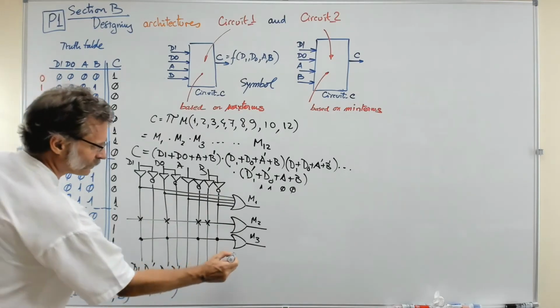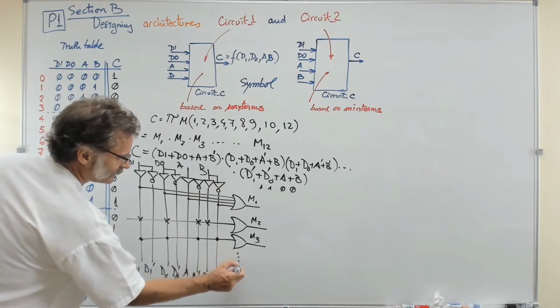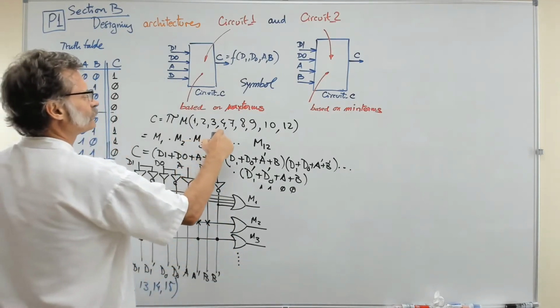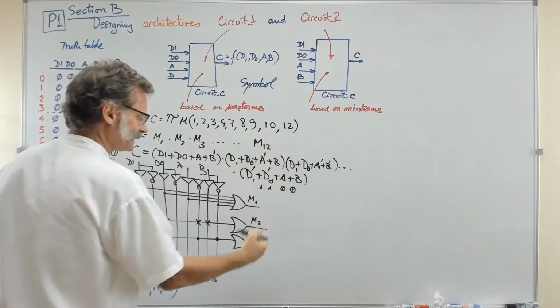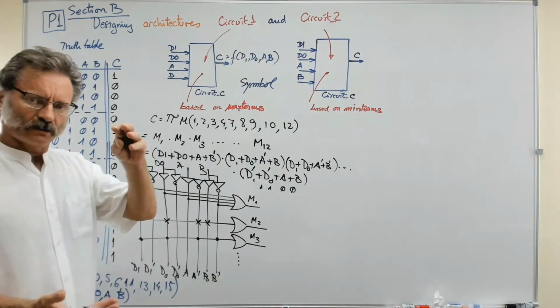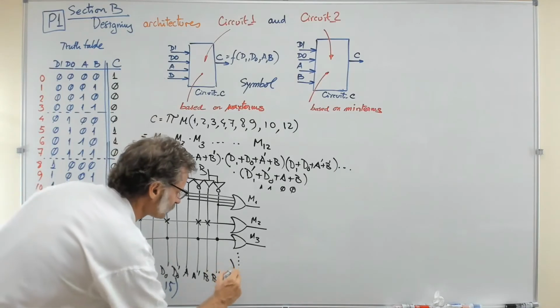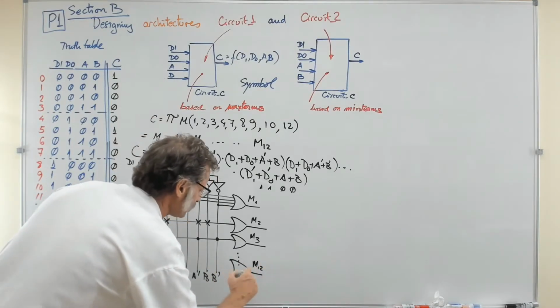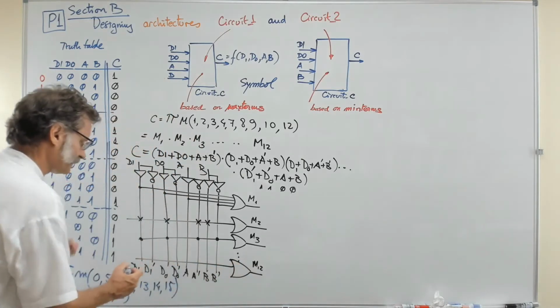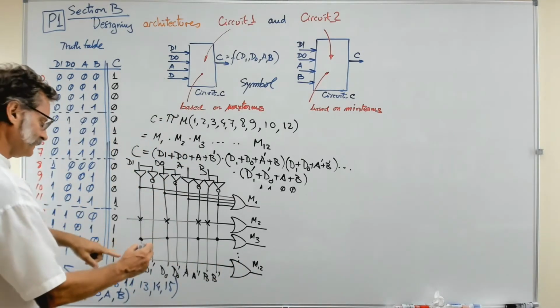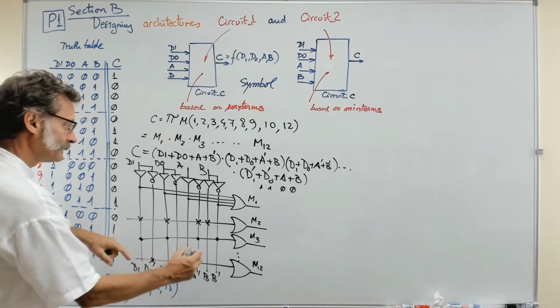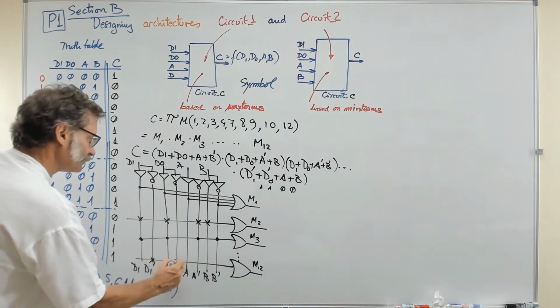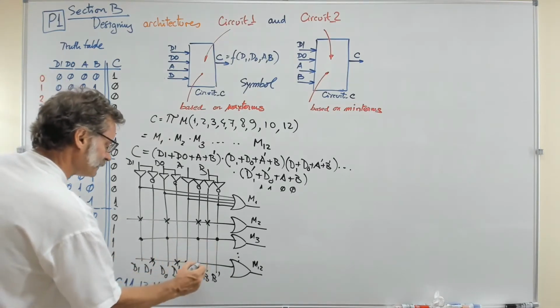So you can go generating the 1, 2, 3, 4, 5, 6, 7, 8, 9 ORs of 4 inputs to the last one. In this way you have the maxterm 12 as well, which can be represented in the same way using D1 naught, D0 naught, A and B.